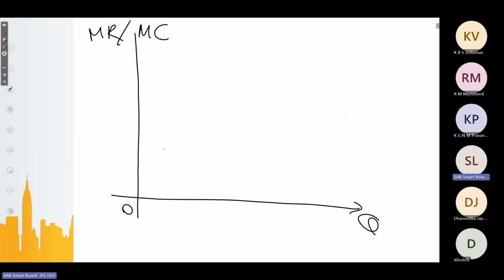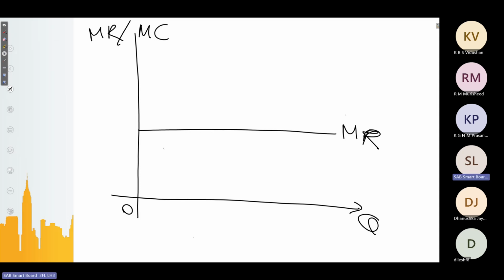What do we understand about marginal revenue? Marginal revenue is a fixed value. It doesn't depend on the output level. It does not vary with the output level.